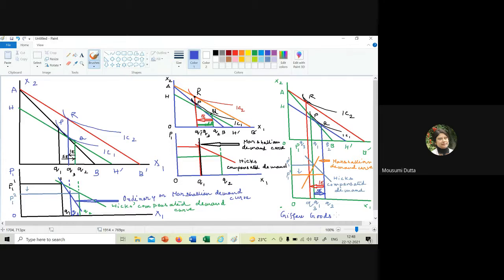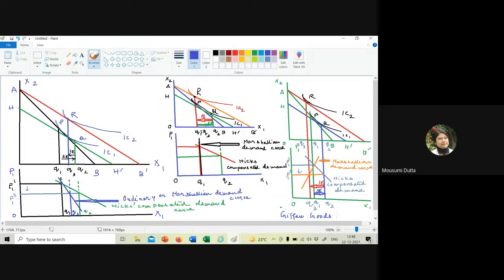So there are three possibilities in case of inferior commodities. In the first case, the total effect is giving us a negatively sloped demand curve, though the demand curve is steeper than the ordinary demand curve. In the second case, the opposite income effect is exactly equal to the substitution effect. In that case, the ordinary or Marshallian demand becomes a vertical straight line.